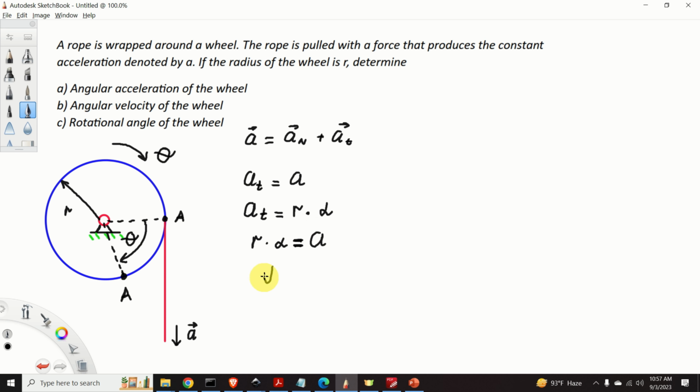From this equation, we can express alpha, that is our angular acceleration of the wheel, as A over r. And we solved problem A.